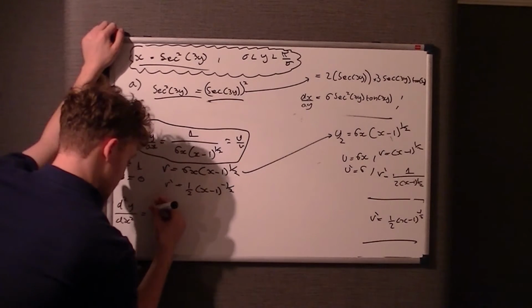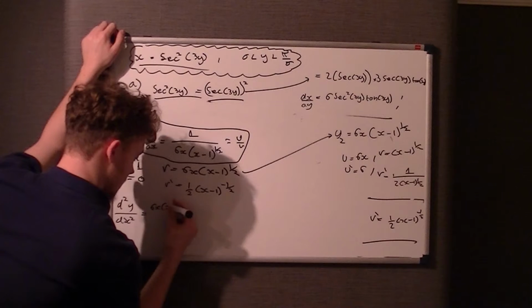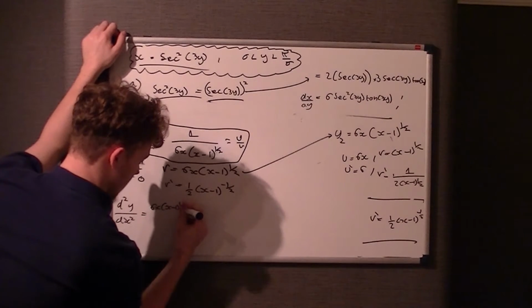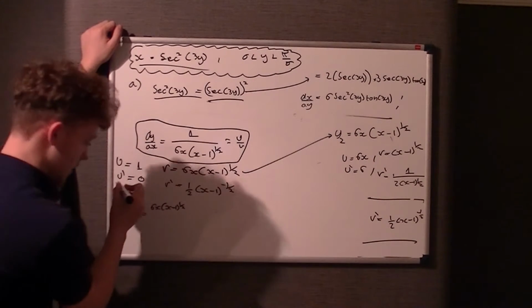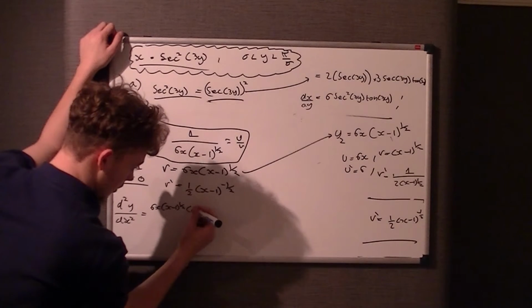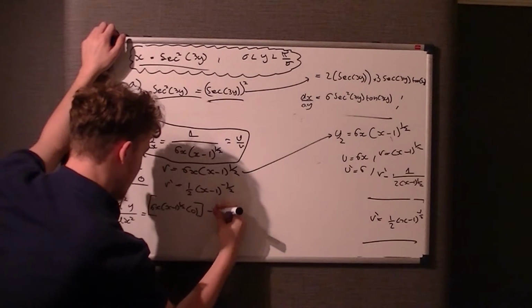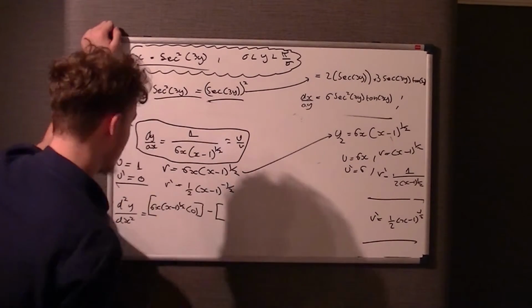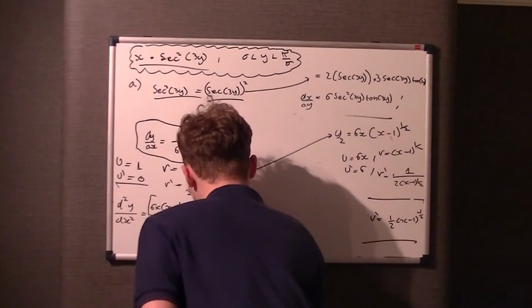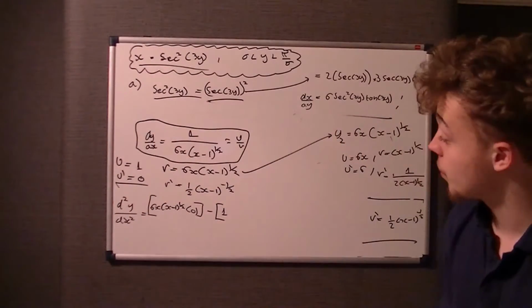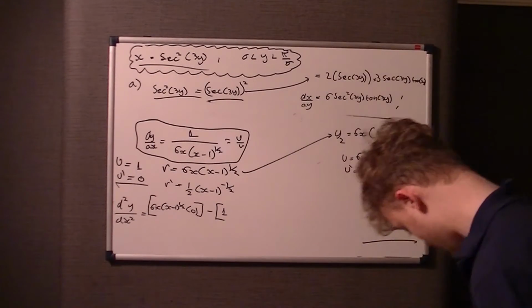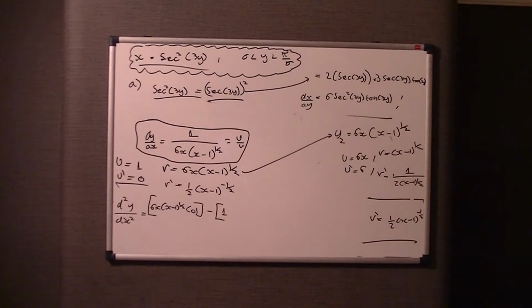So it's 6x brackets x take 1 to the power of a half times u dashed, which we know is 0, so it's times 0. You could square bracket that off, and I would do. Now it's take u v dashed, so it's 1 times. You can obviously leave the 1 out if you wanted to, but I wouldn't recommend it because you're likely to make a mistake.